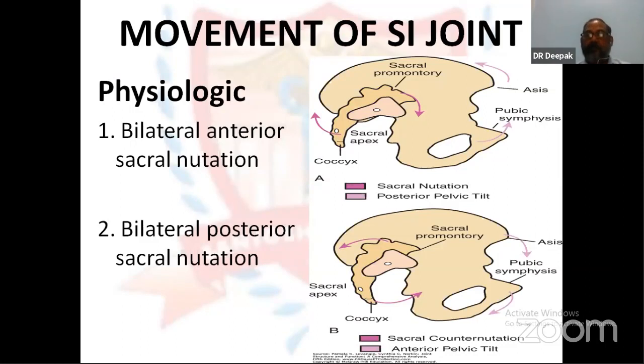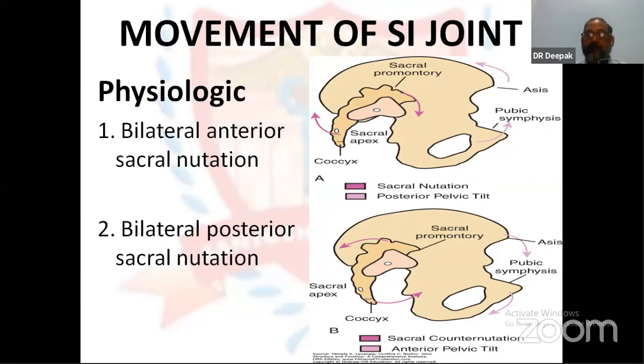So the first movements of the SI joint are physiological movements. Physiological movement means voluntary movement, like in the shoulder joint, we can say flexion, extension, medial rotation, lateral rotation. All these movements are physiological movements, which are voluntary movements. So the first physiological movement of the SI joint is bilateral anterior sacral nutation.